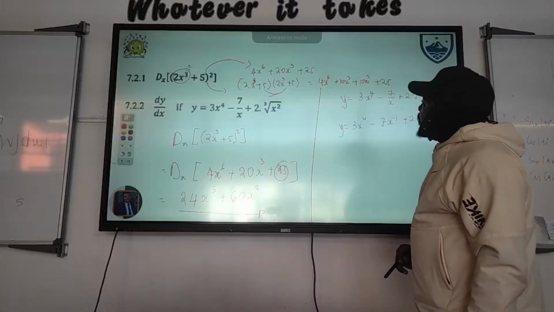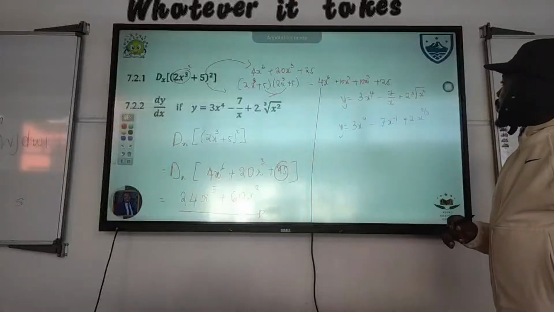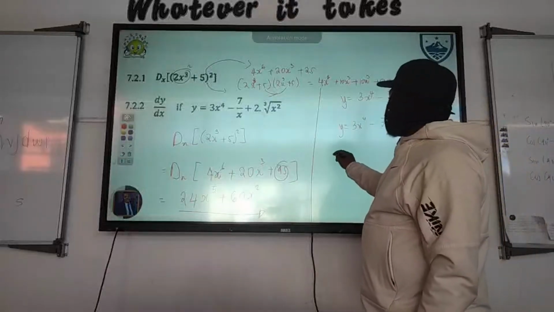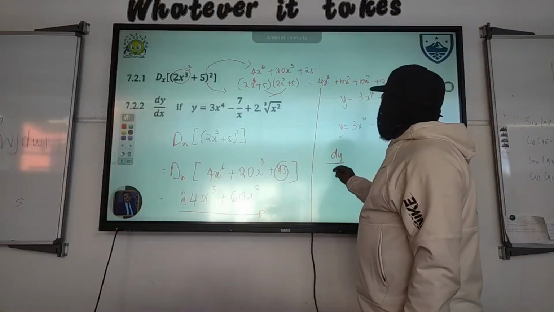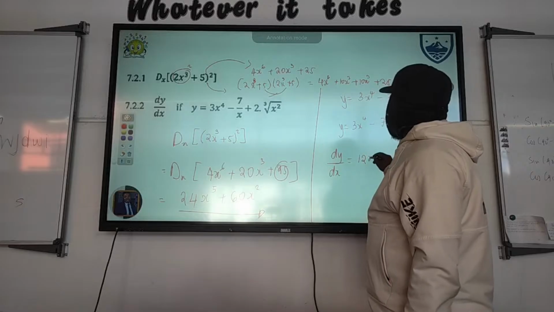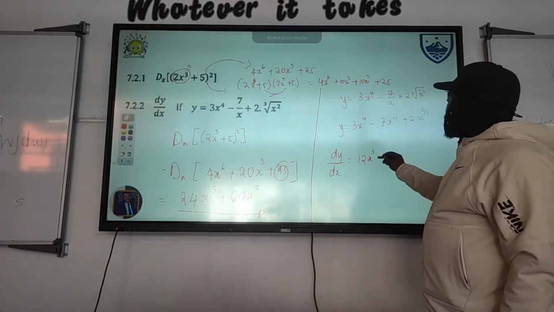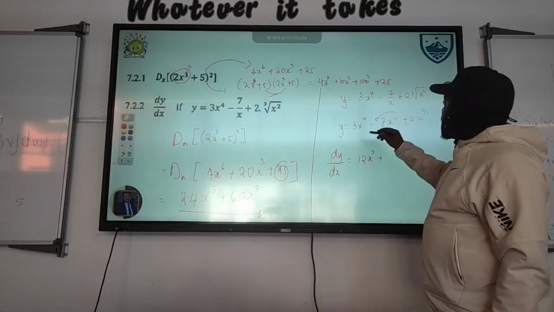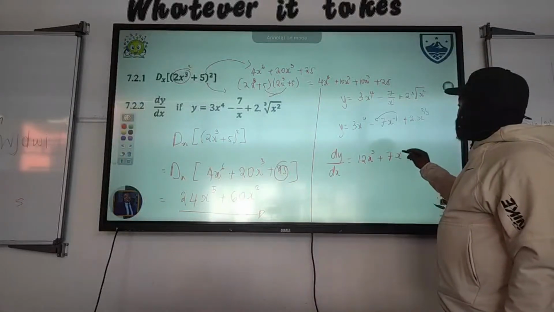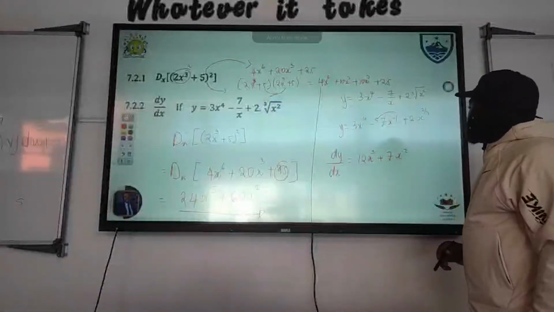Let's check if we're doing the same problem. Yes, this was a plus. So now everything is in exponential format. We're going to differentiate now. So you have dy over dx equals 12x to the power of 3. Then plus, because this multiplied by this would be positive, plus 7, and then x to the power of negative 2. We subtract the power by 1.